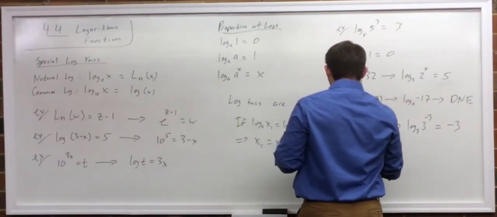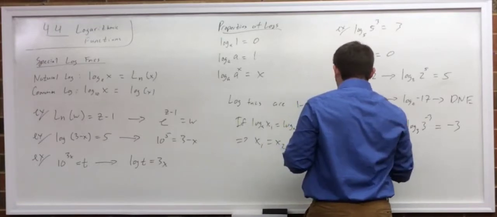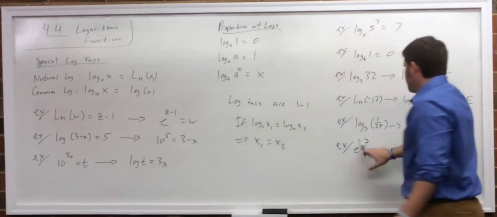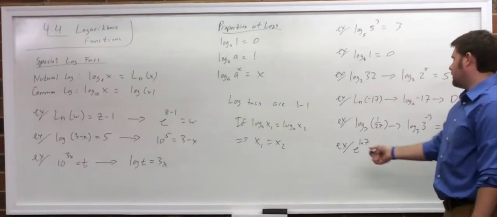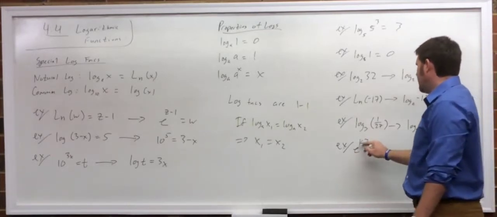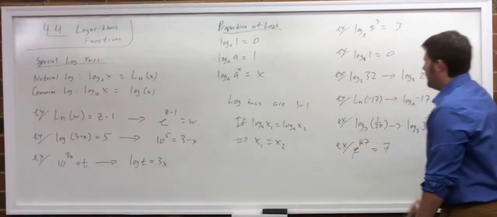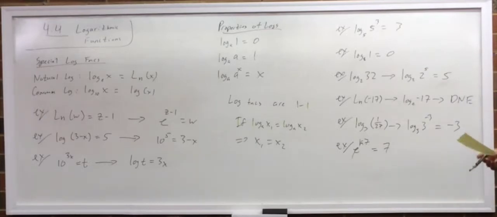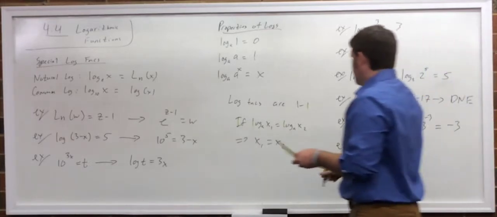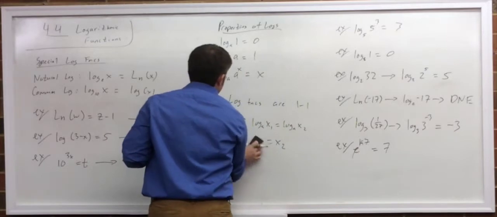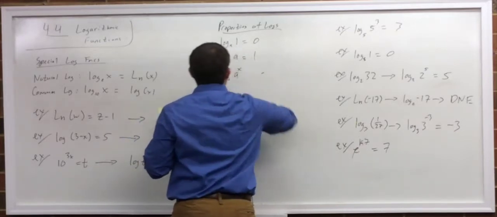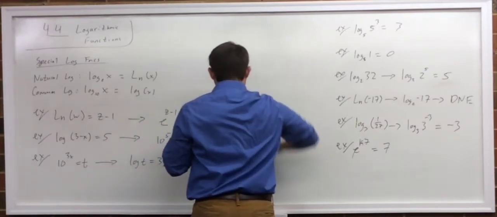What if we had e to the natural log of 7? Remember, these two things are inverses. So if you raise e to the natural log, they just cancel out, and we get left with 7. Let me make some more room here to finish out these examples.